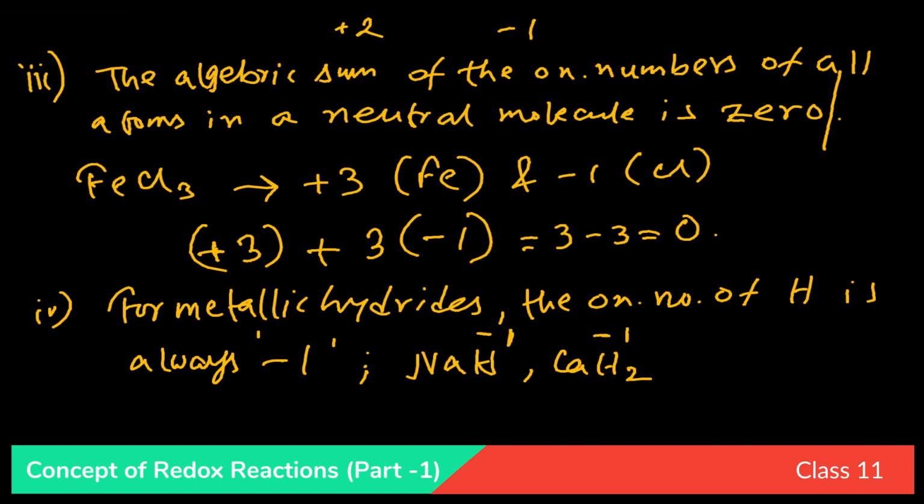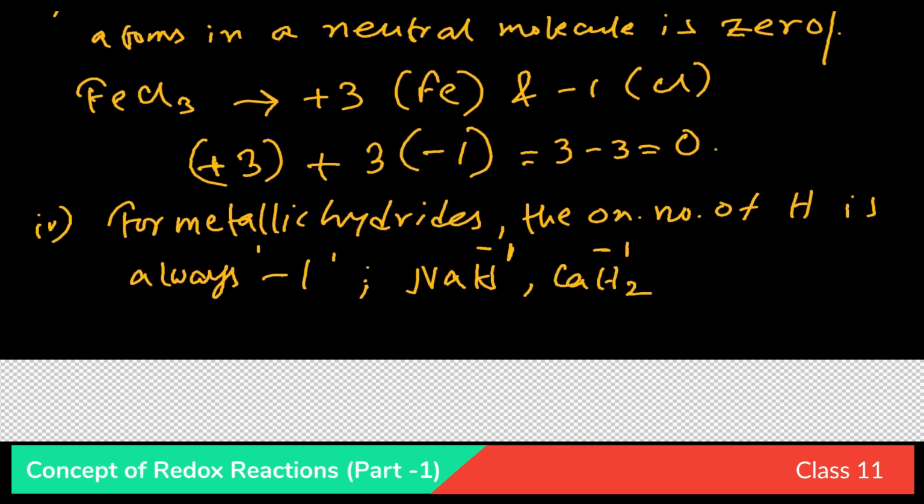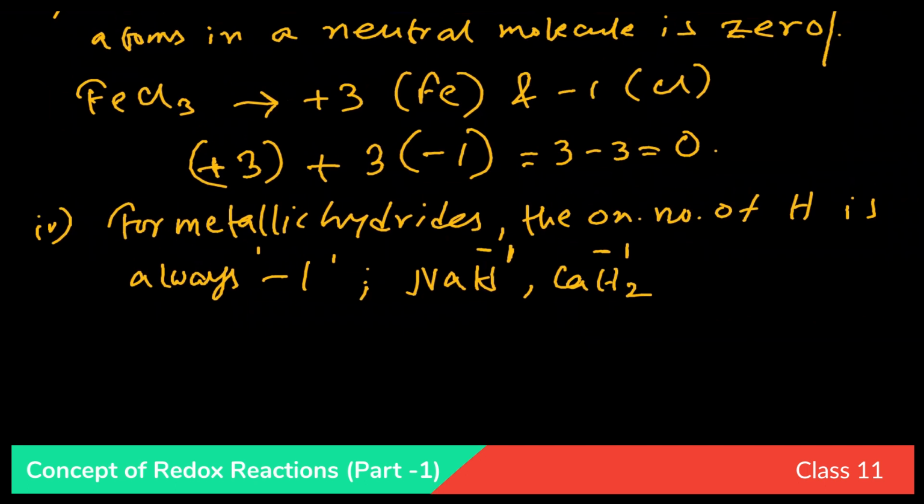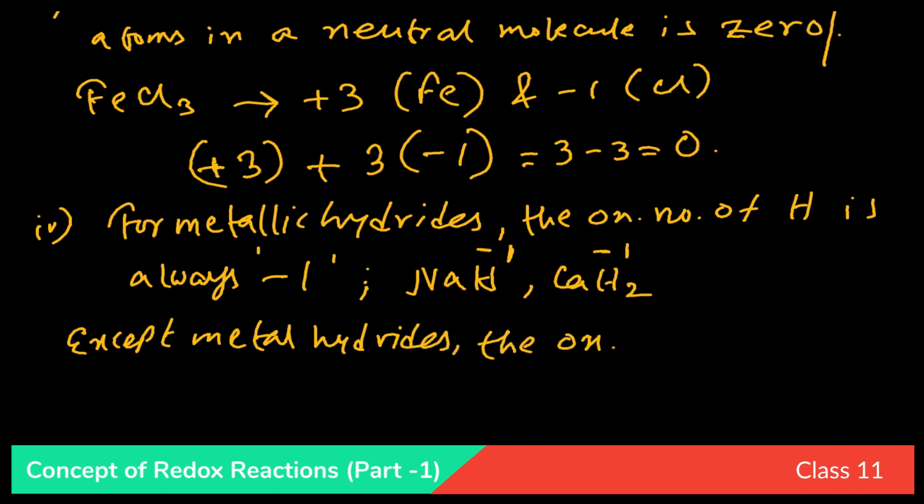But for other hydrogen containing compounds except these metal hydrides, the oxidation number of hydrogen is +1.